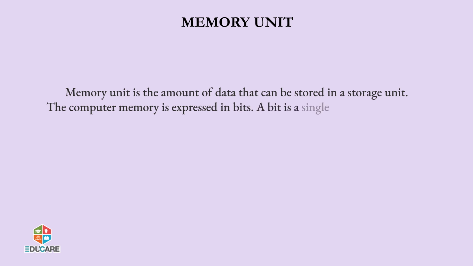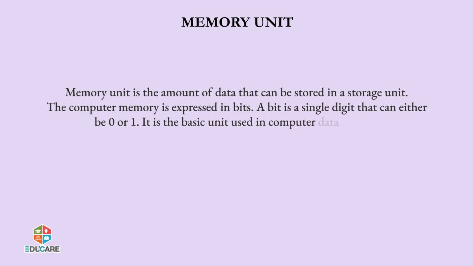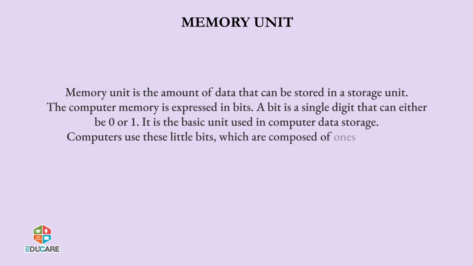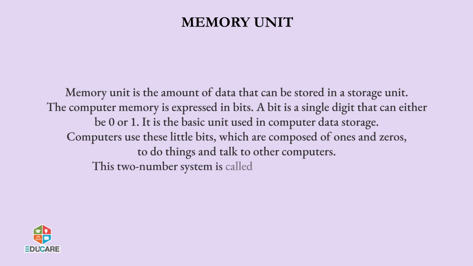A bit is a single digit that can either be 0 or 1. It is the basic unit used in computer data storage. Computers use these little bits, which are composed of ones and zeros, to do things and talk to other computers. This two-number system is called a binary number system, since it has only two numbers in it.